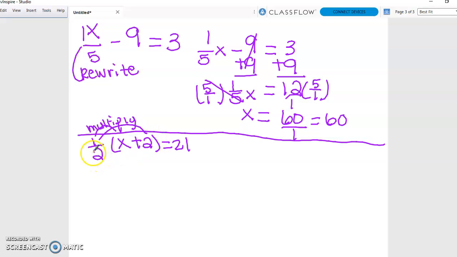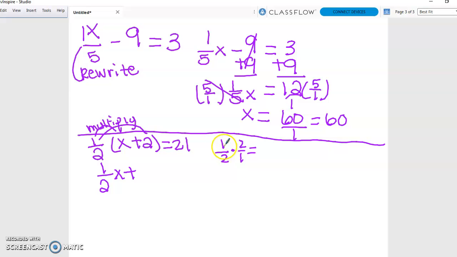Alright, so here we have 1/2 times x, which gives me 1/2 x. And now I have 1/2 times 2. So I'll make a sidebar for all of us who may not be as comfortable with what I'm about to do. In order to make 2 a fraction, I have to put it over 1.